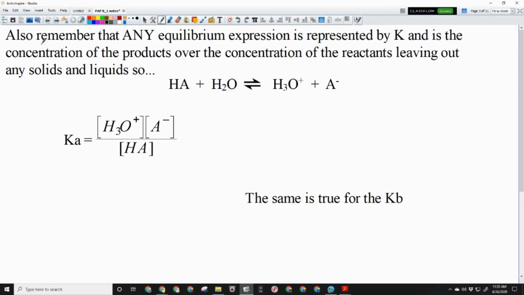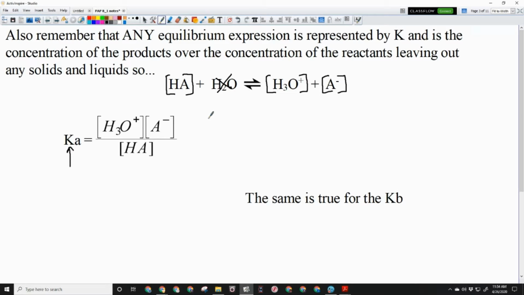Also remember that any equilibrium expression is represented by K. It's the concentration of the products multiplied together over the concentration of the reactants, leaving out any liquids or any solids.